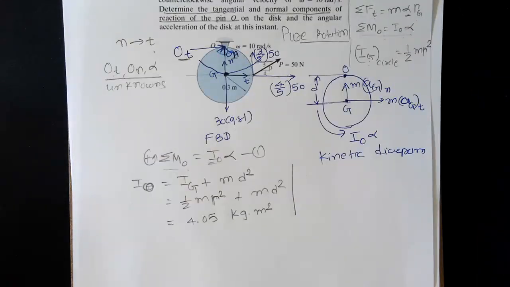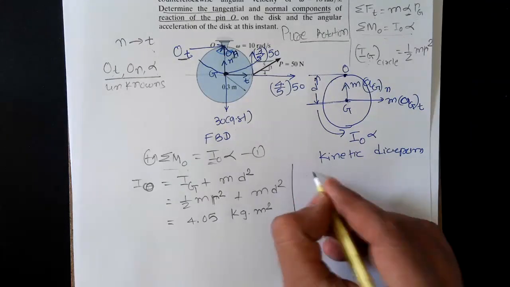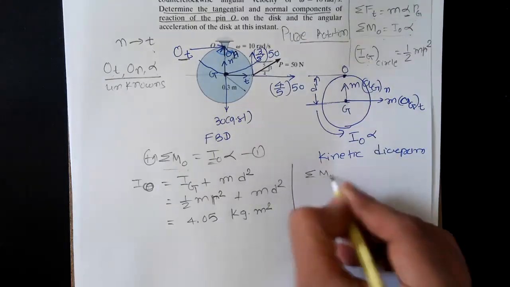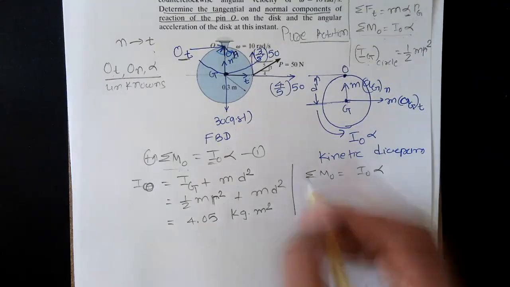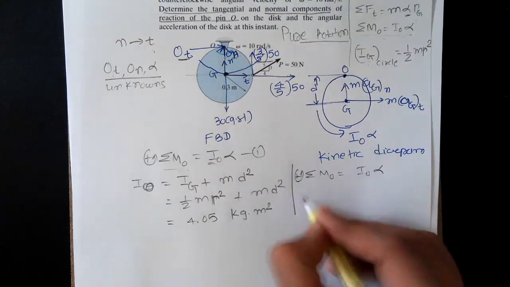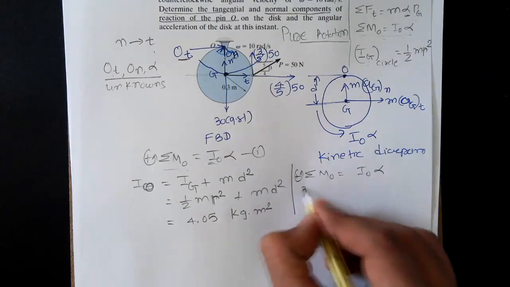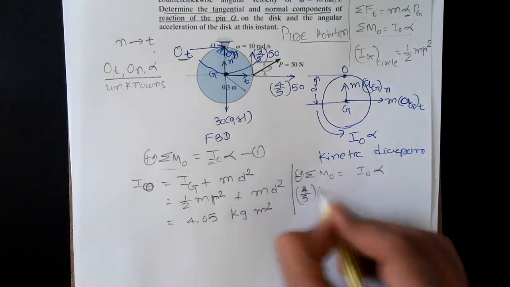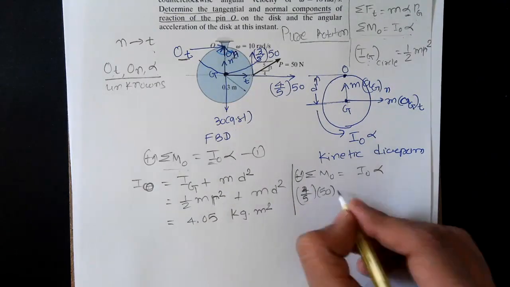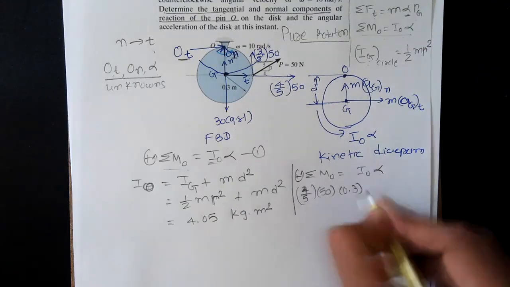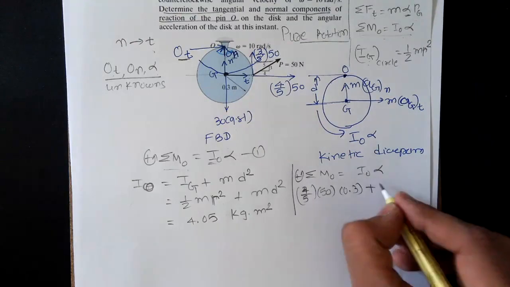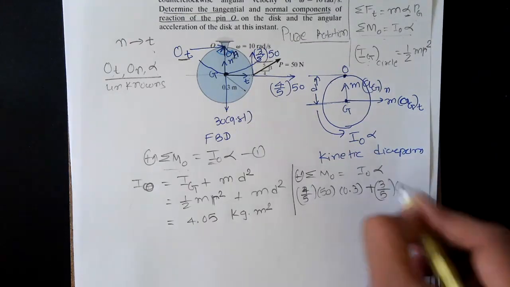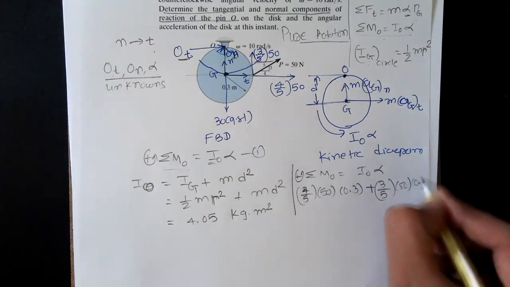So we can apply this equation now. Sum of moments about O is I0 alpha. Counterclockwise is positive. So it's 4/5 multiplied by 50. That's just the force multiplied by the radius of the disk, which is 0.3 meters, plus the vertical component of the force, which is 3/5 multiplied by 50 multiplied by 0.3.